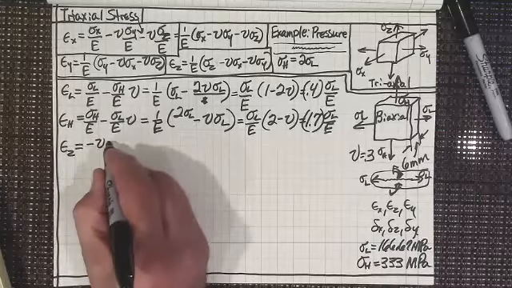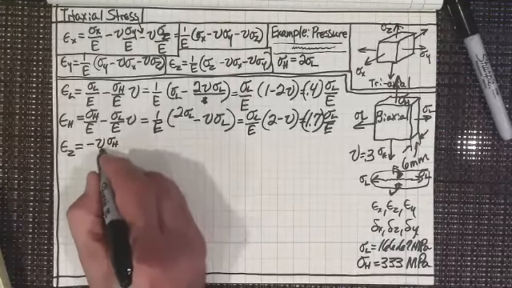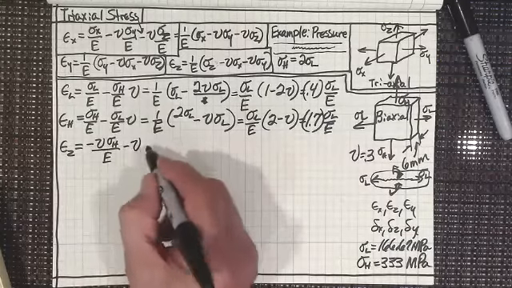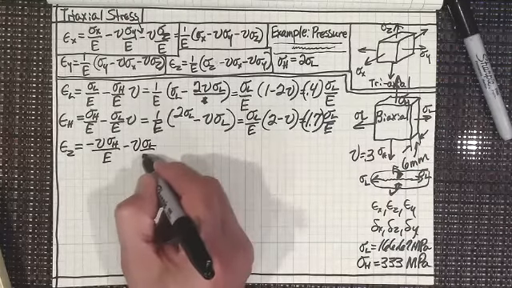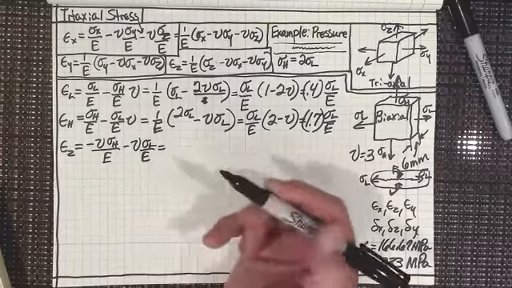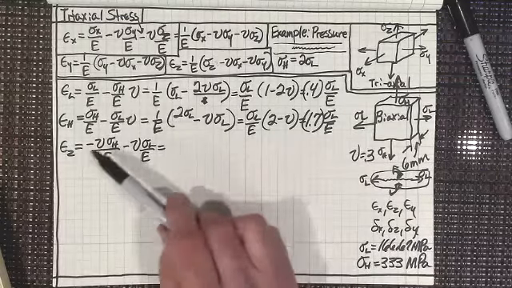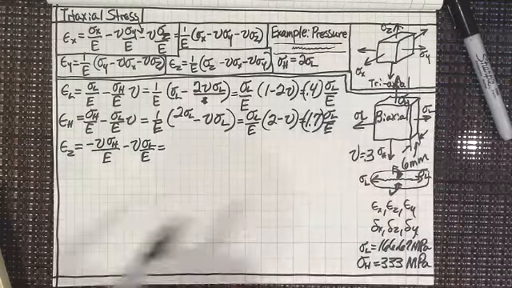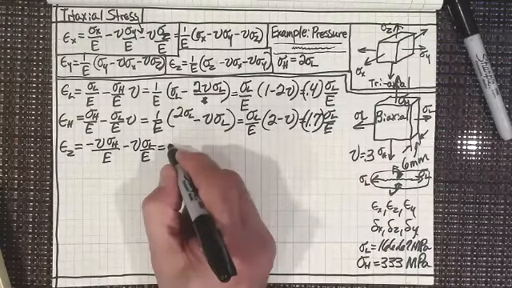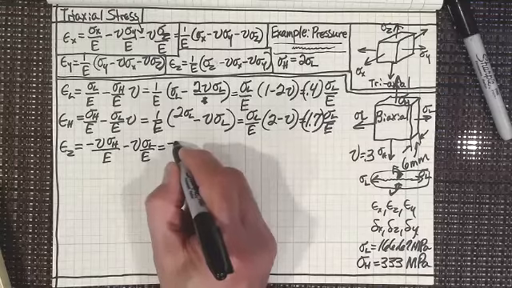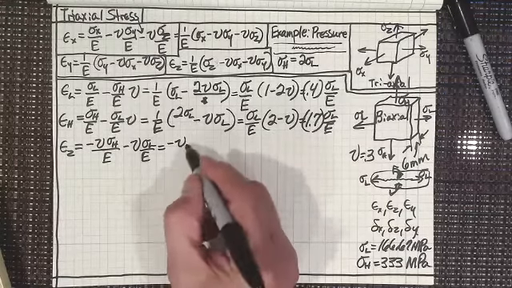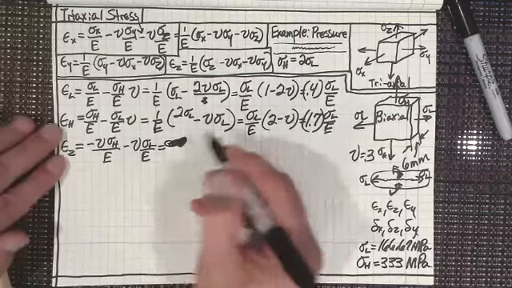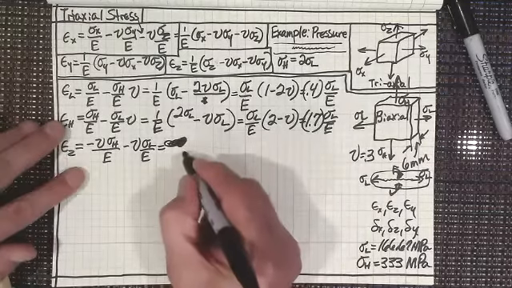Minus Poisson's ratio times sigma sub h over E, and of course I can put that all over E, minus Poisson's ratio times sigma sub L over E. Now, if I make the substitution that sigma sub h is really 2 sigma sub L, let me do that again.